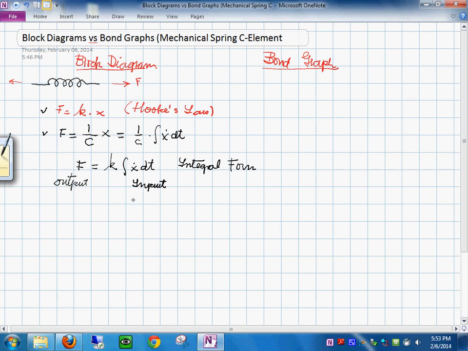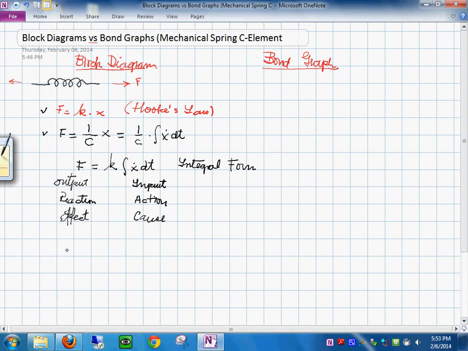We can use other words: you could say this is the action and this is the reaction, or this is the cause and this is the effect. You can use all these terms. The idea is that you have a variable that comes in and one that comes out.